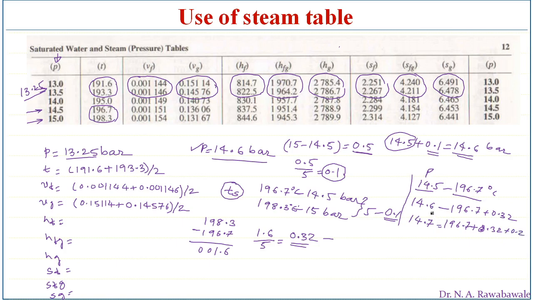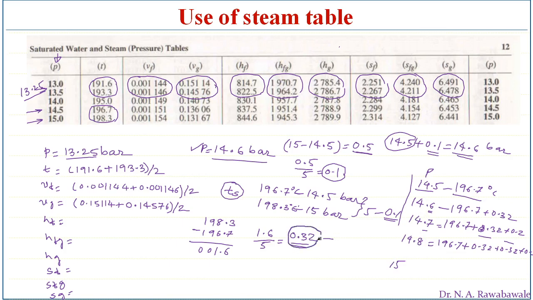So for each division, 14.6, 14.7, we add 0.32 each time. At 14.8 it is 196.7 plus 0.32 plus 0.32 plus 0.32. Like this, you will find minor changes. So you can find out at any pressure between 14.5 and 15 by adding 0.32.